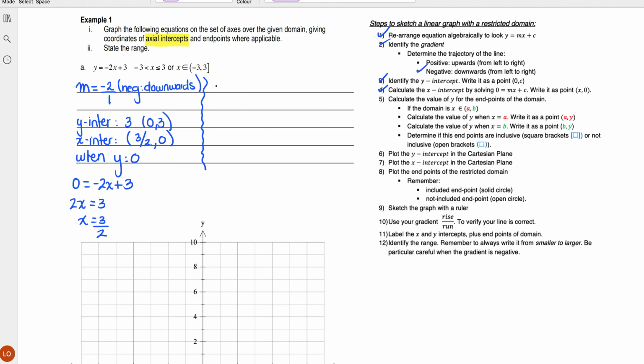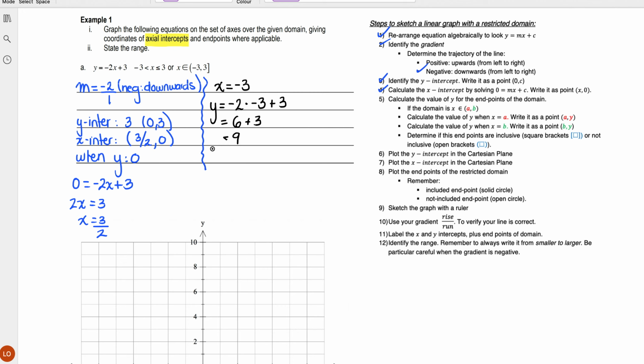First, when x is equal to negative 3. So y is equal to what? Negative 2 times negative 3 plus 3, which means that y is equal to positive 6 plus 3, which is equal to 9.